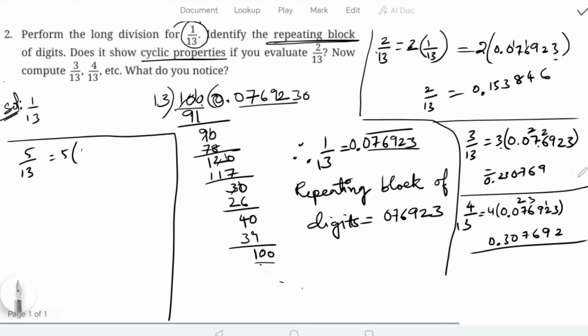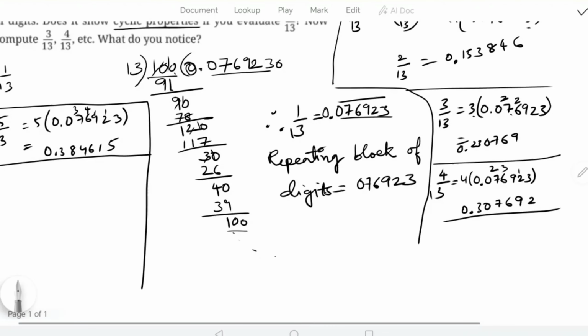Now like that we will find out for 5 by 13. So 5 into 0.076923. 5 threes are 15, 5 twos are 10, plus 1 is 11, 5 nines are 45, plus 1 is 46, 5 sixes are 30, 5 sevens are 35, plus 3 is 38. So 0.384615.